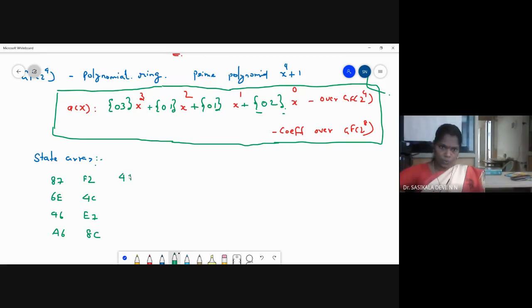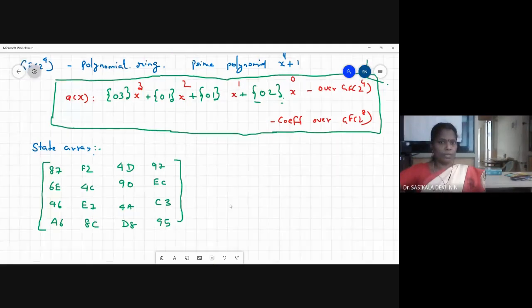So 4D, 90, and 4A, D8, 97, EC, then C3, 95. This is the state array, the input to the mixed column round.